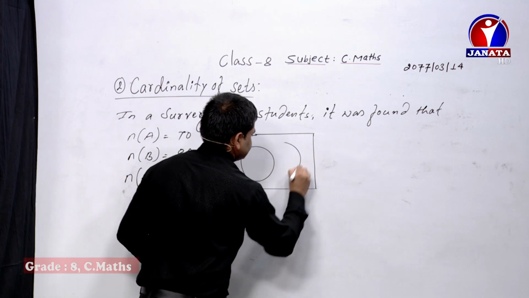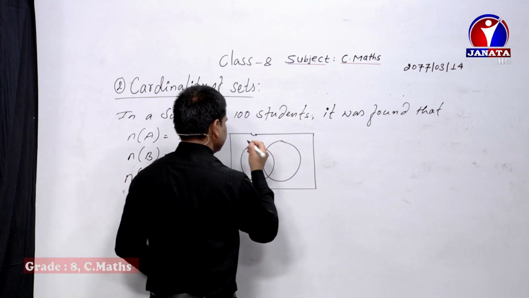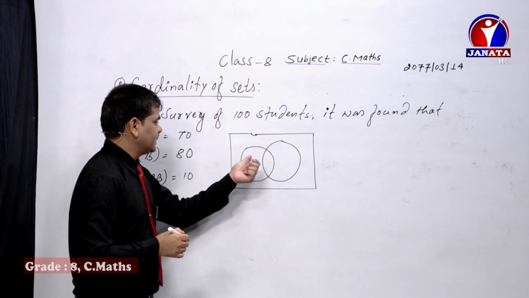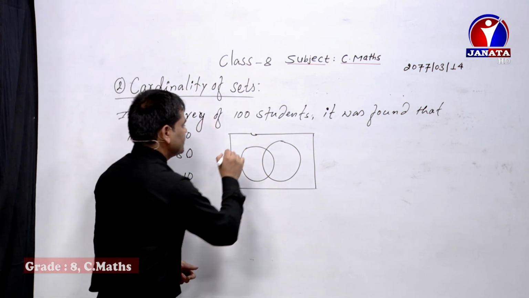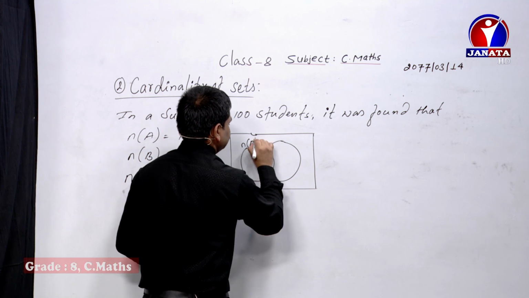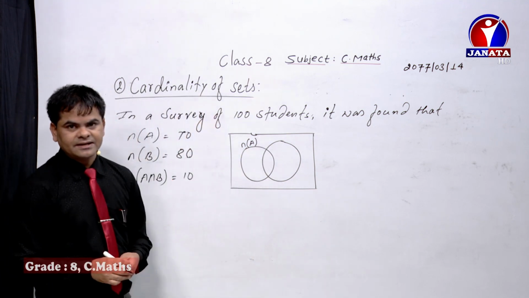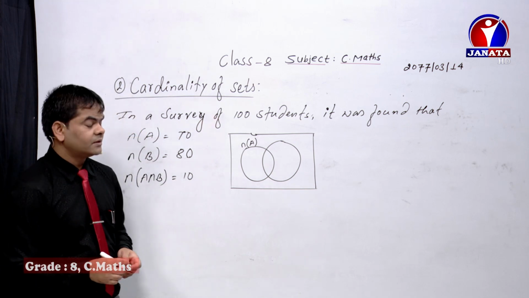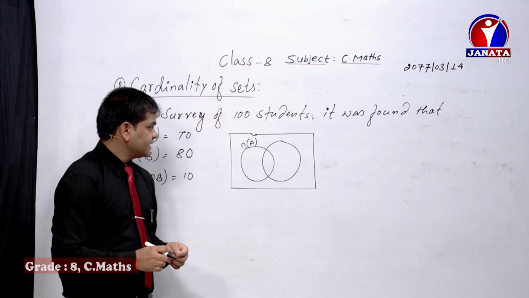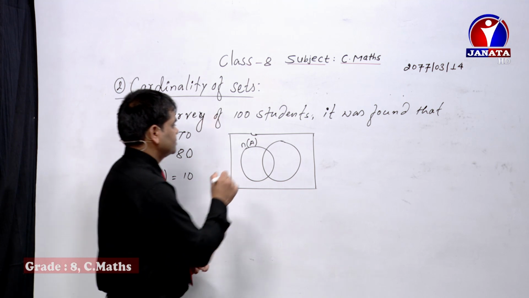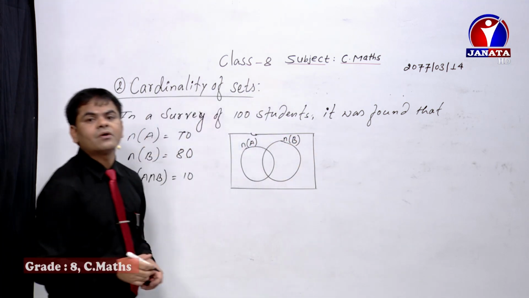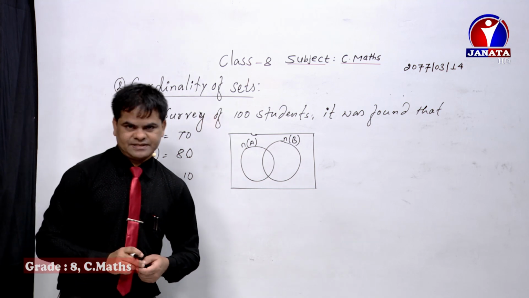This is one set, and this is another set. Rather than writing A only or B only or A intersection B, we write n(A), because it is the cardinality of the set, so that it represents the number of elements contained in the set. Similarly, we write n(B), the number of elements contained in set B.